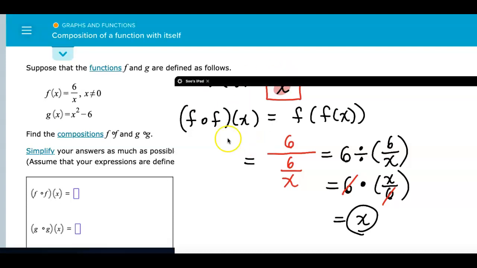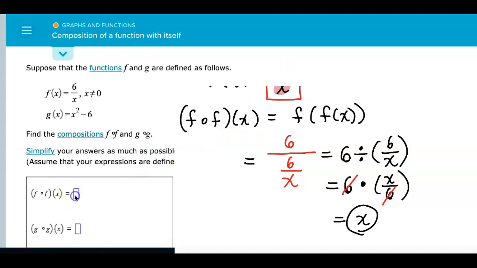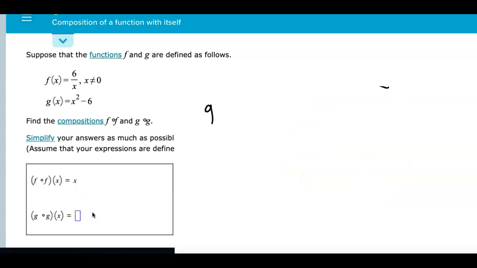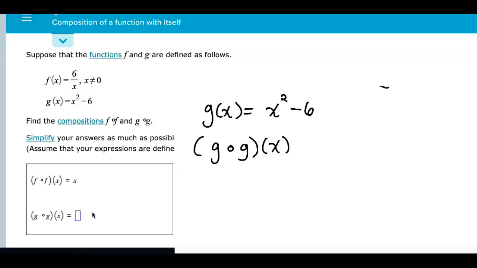I'll do a couple more like this so that you can see the pattern. So the first answer is x. The next one, they want us to find g of g of x. So g of x is equal to x squared minus 6. If they want us to find g composed with g of x, I will write down my function, which is x squared minus 6, but instead of x, guess what?